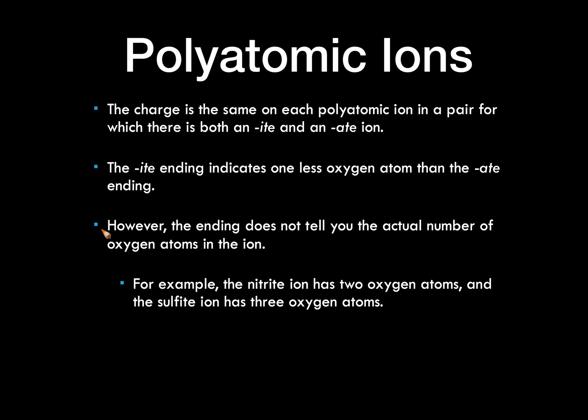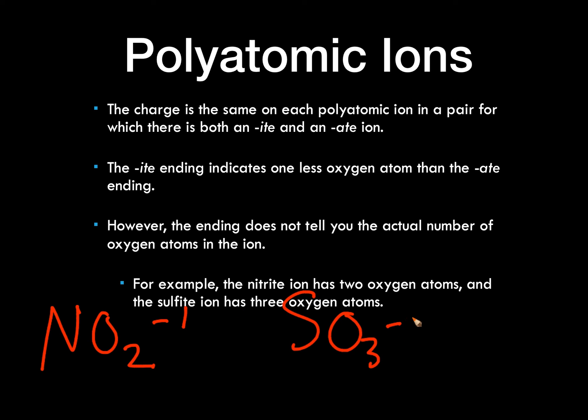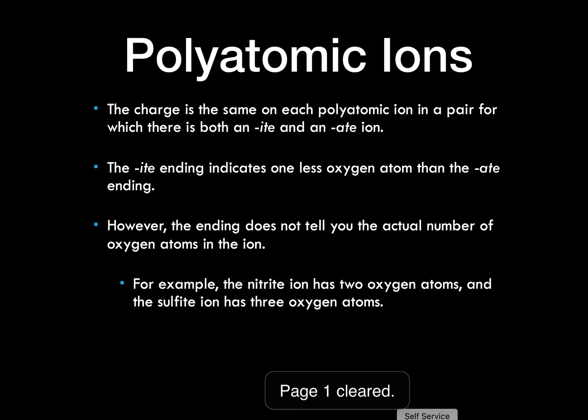So nitrite would be NO2 minus 1, and sulfite would be SO3 minus 2. So we see these don't match. But as we go along and practice more of these, we will remember them. And that concludes the video on naming ions.